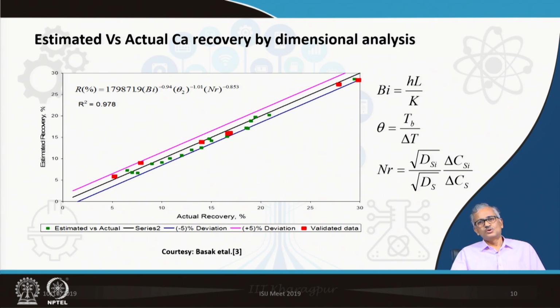So, the lower this ratio, the more it will enhance the recovery. That is why it is negative: recovery increases with the negative of this term, that is fine.